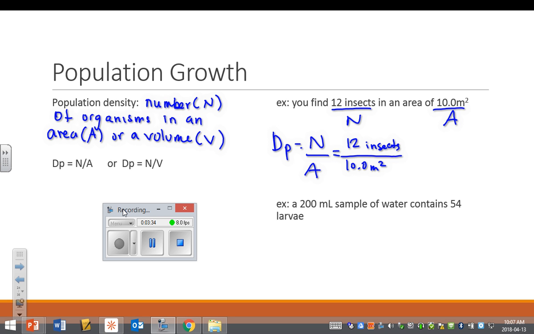In addition, if this was a numeric response question, so numeric response questions always have blanks, it will tell you the unit that your answer should be in. So if this was a numeric response question, it would say blank, blank, blank, blank, insects per meter squared. So even if you didn't remember that this was on your data sheet, or you had no idea what N and A and D represented, it tells you insects per meter squared.